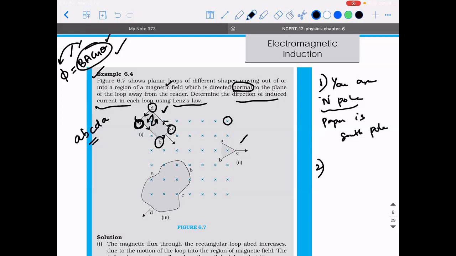So when it decreases, it will generate south pole, exactly the opposite pole of what you are. Your North pole, so it will generate south pole. South pole means what is the direction of current? Clockwise. So ACBA is the answer. Okay. Similarly, do the third problem and tell me.